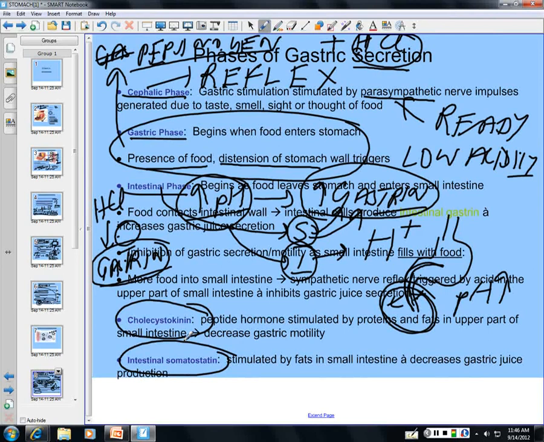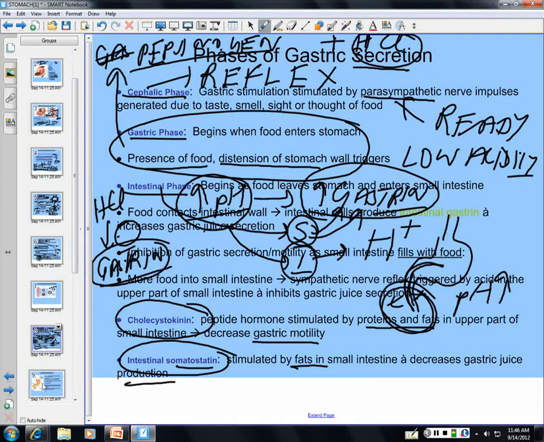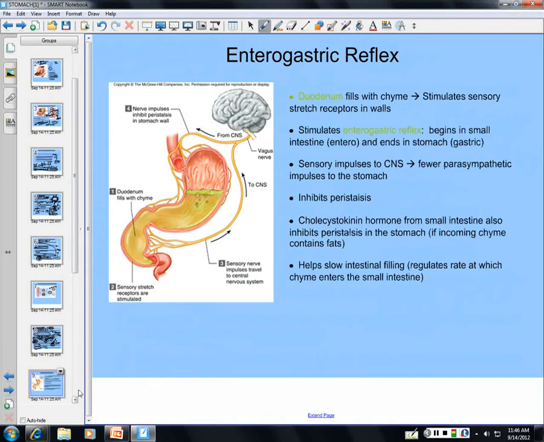Very, very important. Cholecystokinin is a hormone that is stimulated by protein and fats in the small intestine, and it will decrease gastric motility. Somatostatin is stimulated by fat and will decrease gastric juice secretion, period, done. You don't want gastric juice secretion when the food has already come out of the stomach and is in the intestine.